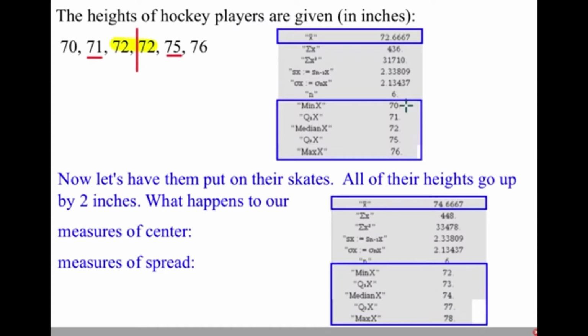You'll notice that the min went up by 2. Q1 went up by 2. All of these go up by 2, all the way up to the max. And the mean up here was 72.666. Now it's 74.666. So the measures of center all increased by 2 as well.